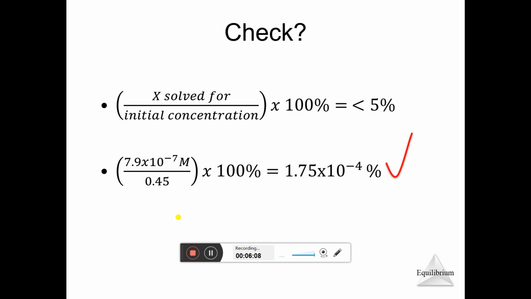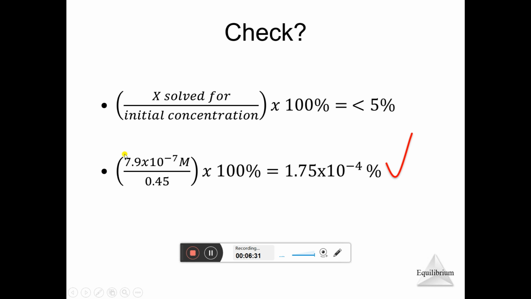And when it doesn't work, you're going to have to use the quadratic equation. I recommend programming that quadratic equation into your TI scientific graphing calculators if you don't already have it there. So the rule for the x small approximation is, after you've done the math and assumed x is small and gotten rid of it, you have to double check.